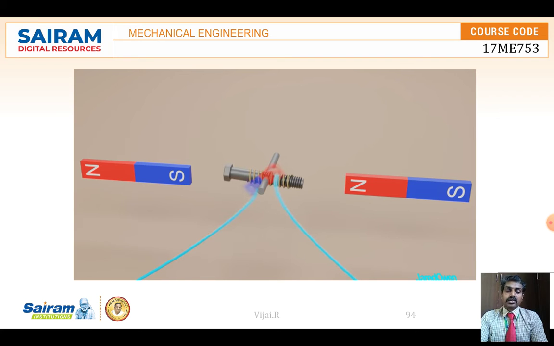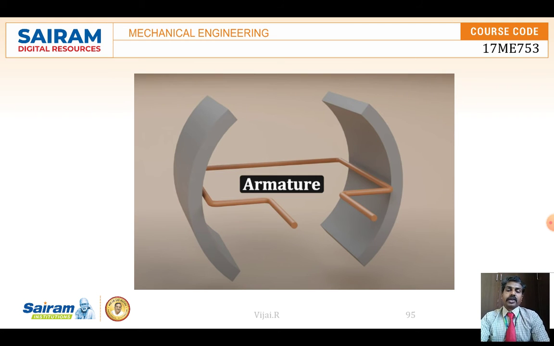When we change the polarities, the north pole and south pole of the conductor are changed, so it will try to rotate, and the push and pull action takes place. So instead of keeping the bolt and nut here, we are going to make an armature.